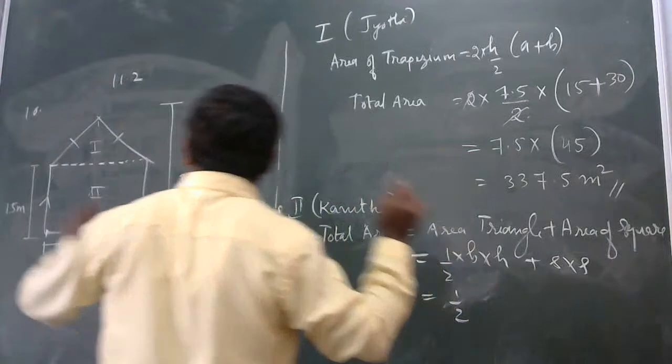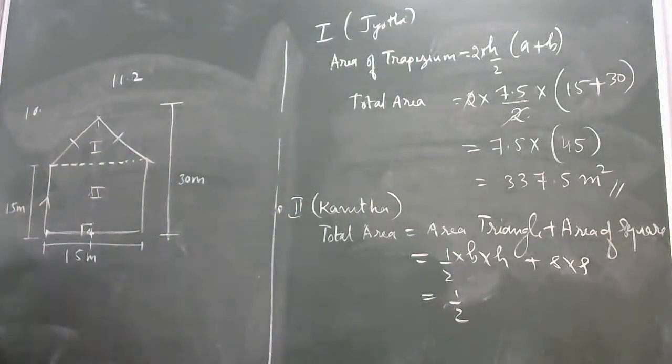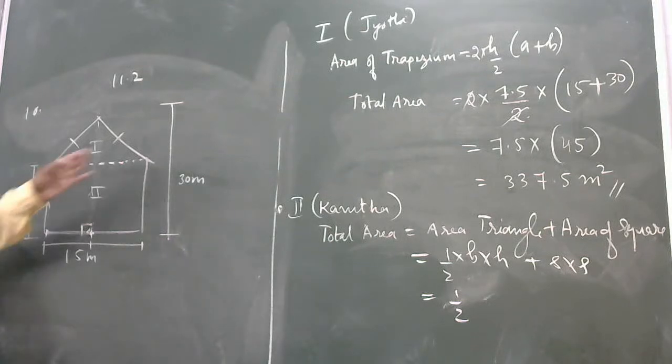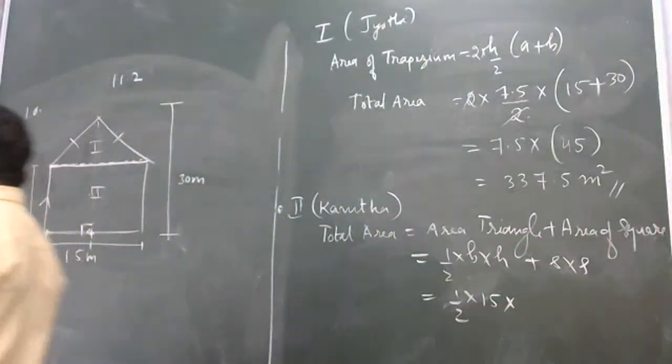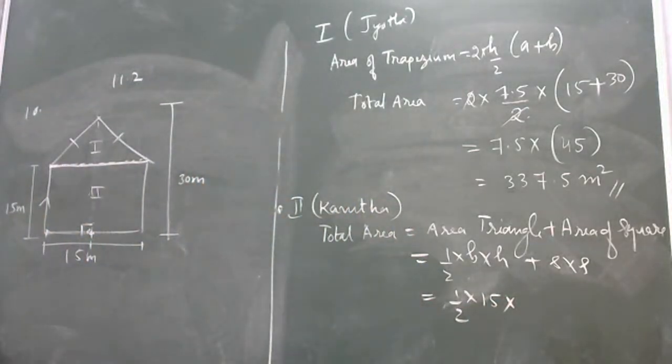Half into. Now, in this triangle, what is your base? This is your triangle. In this triangle, what is your base? And what is your height? 15. 15. Sir, for triangle we are taking, for square we only need the side. Why do we need height for square? 15 by 30, okay.